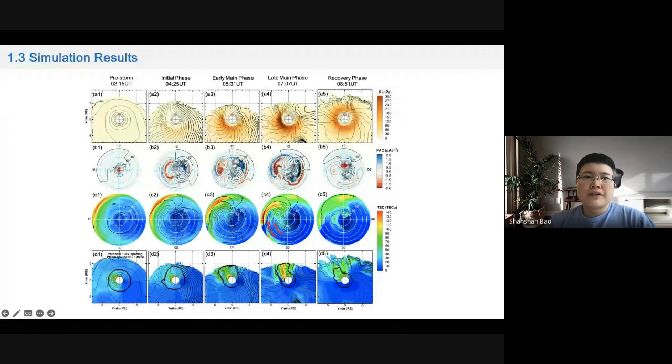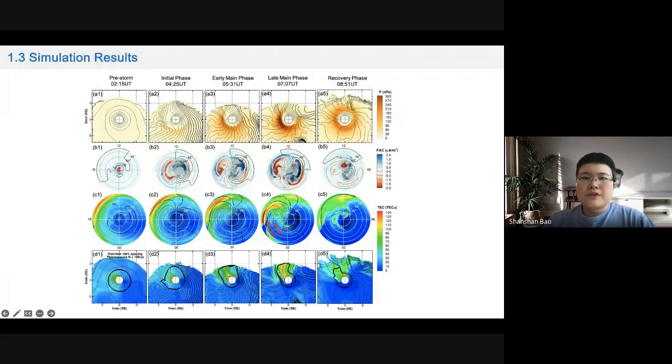At the initial phase, there is already some solar wind driving, and you can see the double cell convection pattern has started to establish. Due to the driving, the plasmasphere has a tendency to extend toward the dayside, and a plasmaspheric finger is generated.